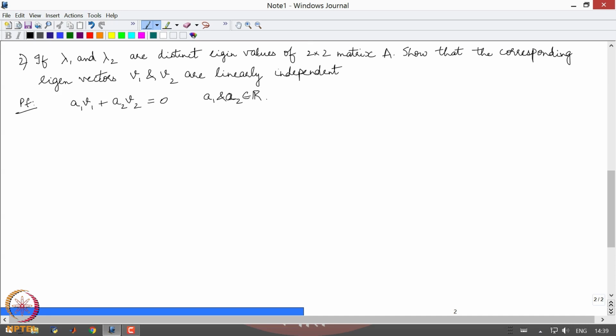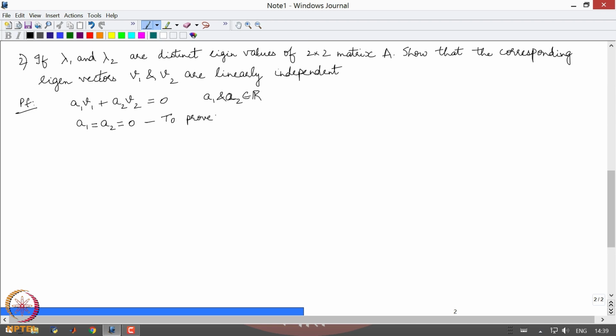Now, if v1 and v2 are linearly independent, then a1 and a2 should both be equal to 0. So, this is what we need to prove to show that v1 and v2 are linearly independent.